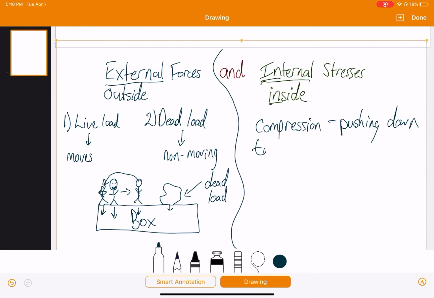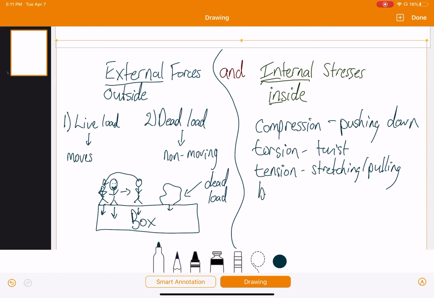Then we have torsion, and that is causing something to twist. We have tension. We can think of that as stretching or pulling of something. We have bending. That usually creates a U shape.